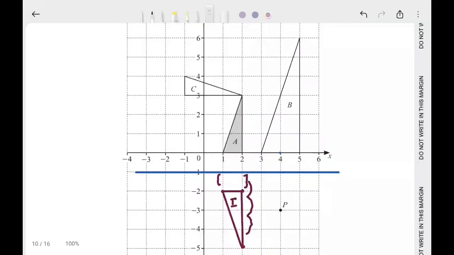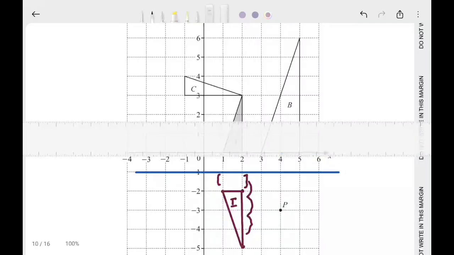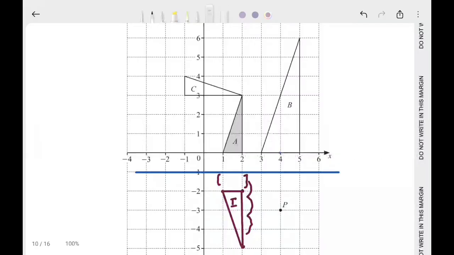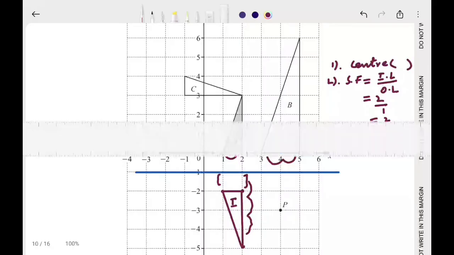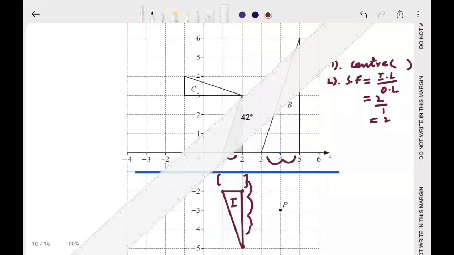So this is an enlargement case, and for that purpose we need to find out number one, the center, and number two, the scale factor, that is equal to image length over object length. So the image is 2 and the object is 1, so the scale factor is 2.